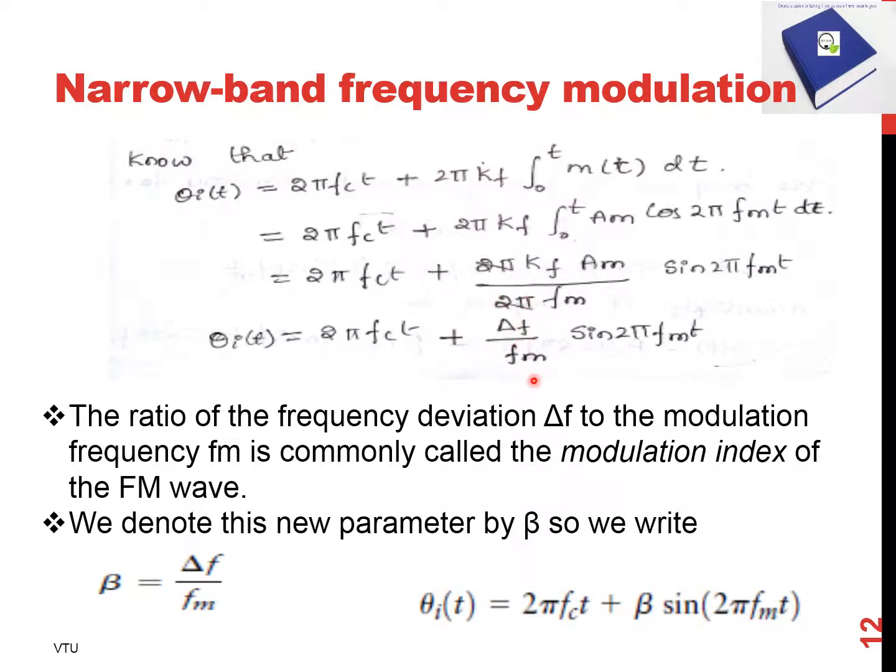So delta f by fm sin 2 pi fmt will be the equation for theta i of t. The ratio of the frequency deviation delta f to the modulation frequency fm is commonly known as the modulation index of an FM wave. So delta f by fm is the modulation index of the FM wave, and we denote that by the parameter beta. Beta equal to delta f by fm. So I can write theta i of t equal to 2 pi fct plus beta sin 2 pi fmt.